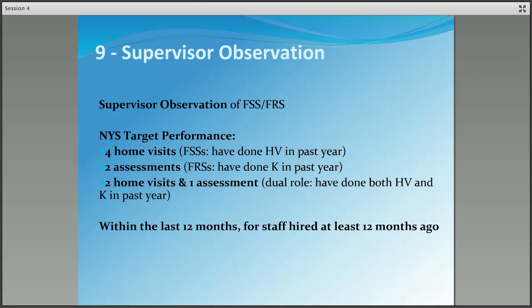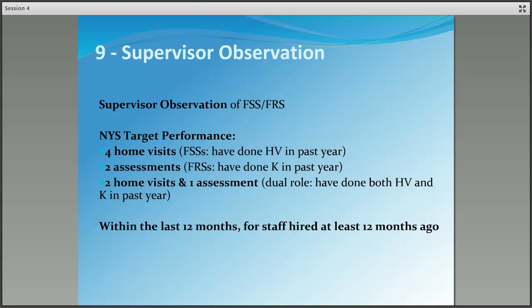An FSS who only performs home visits is expected to be observed 4 times a year. An FRS who only performs assessments is expected to be observed twice a year. Any worker who does both home visits and assessments is expected to have 2 home visit observations and 1 assessment observation.